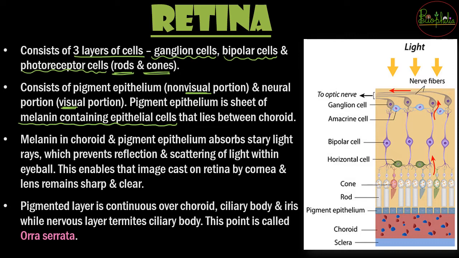Whatever the excess light is, it should not scatter into the eyeball, so that the light concentrates only on the neural part of the retina and the image remains sharp and clear. That is the work of the pigment layer. The pigment layer also spreads over the choroid, over the ciliary bodies, and even over the iris.